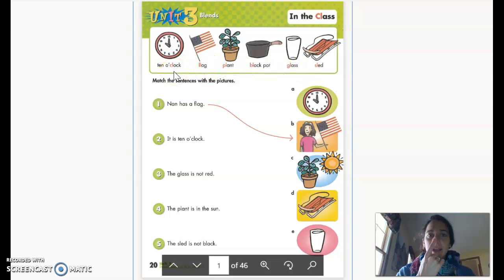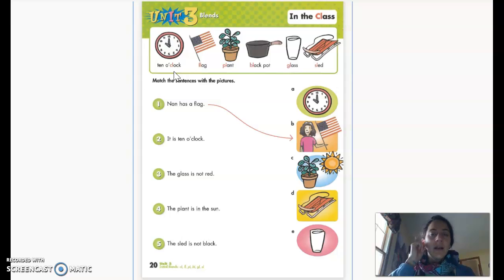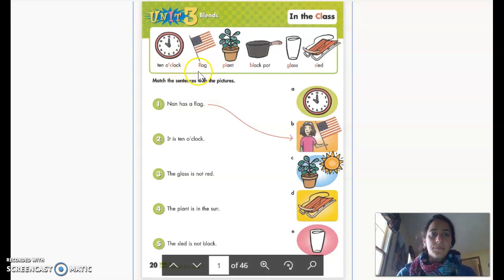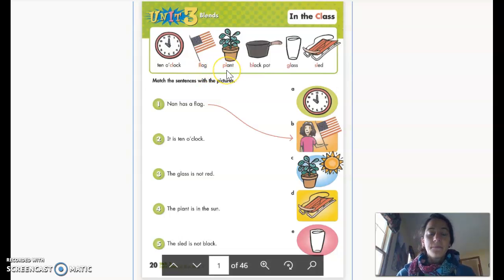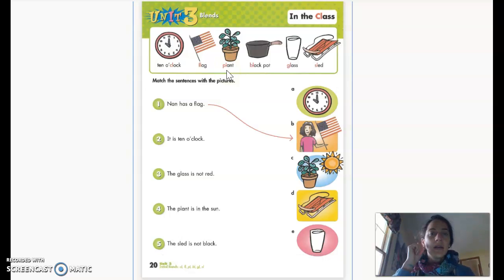Clock has CL, the sound cl. Flag has FL, fl. Flag. Plant has PL, pl. Plant.